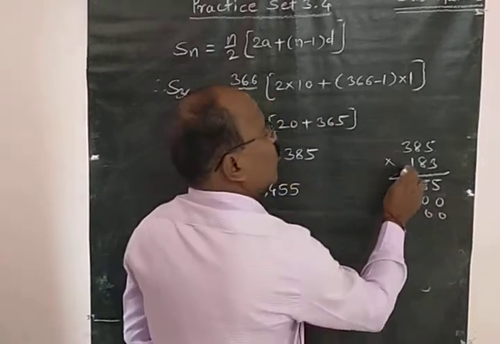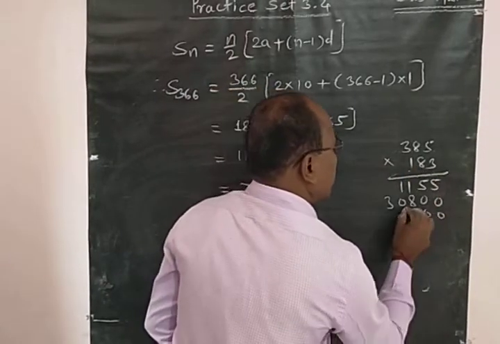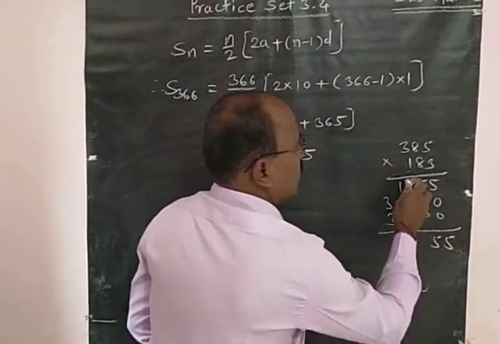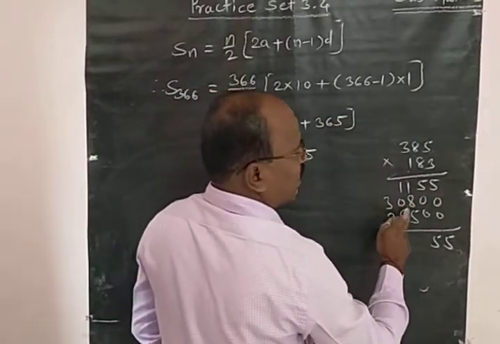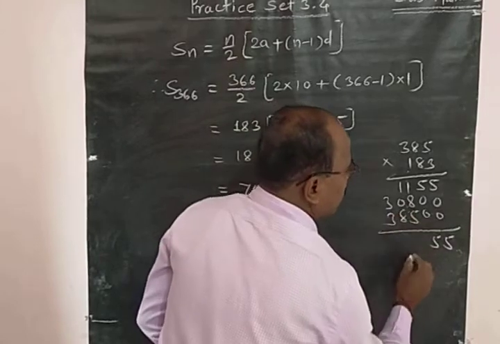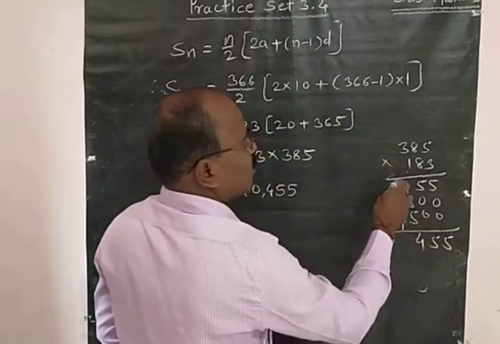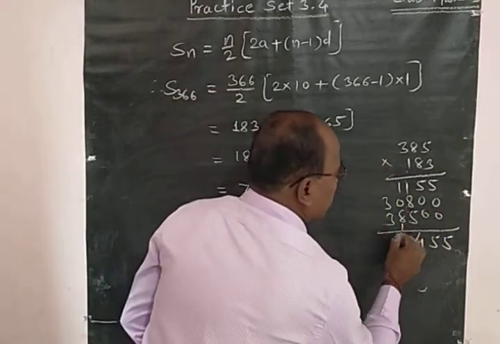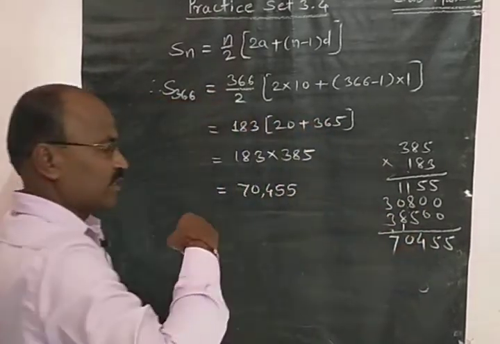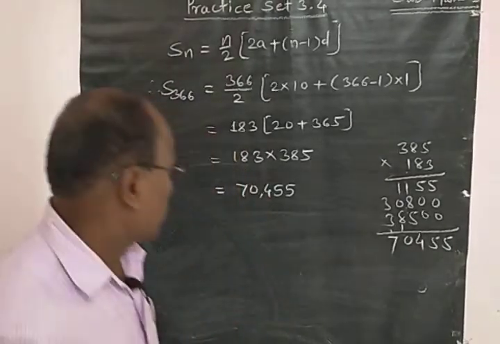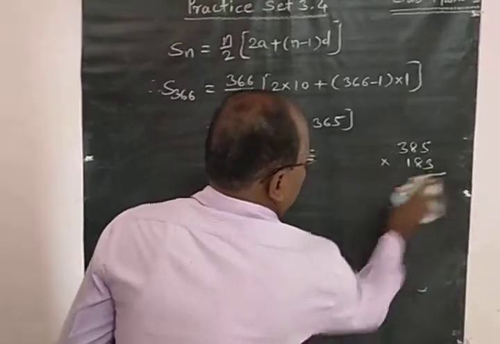So 2 zeros, 1 into 5 is 5, 1 into 8 is 8, 1 into 3 is 3. Adding these, 70,455 is the multiplication.